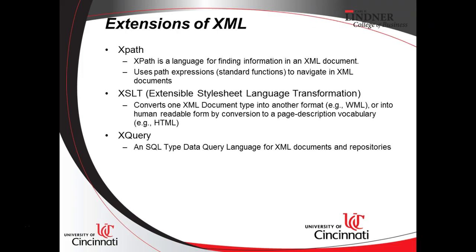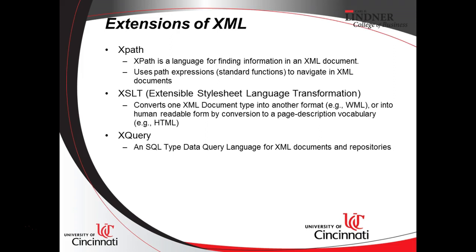Okay, so we'll wrap up with some extensions of XML. XPath. XPath is a way that we can find out what is in an XML document by navigating through the elements. We'll take a look at each of these in future videos. XSLT will allow us to convert an XML document to another type of document, for example, some kind of presentation document.